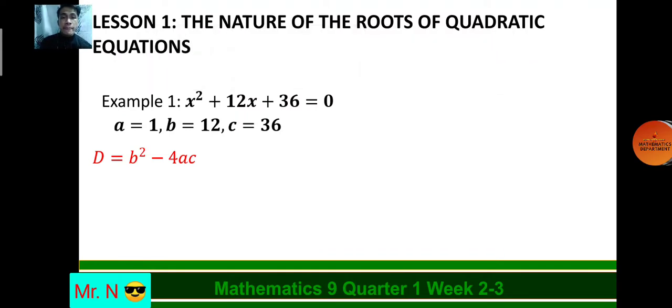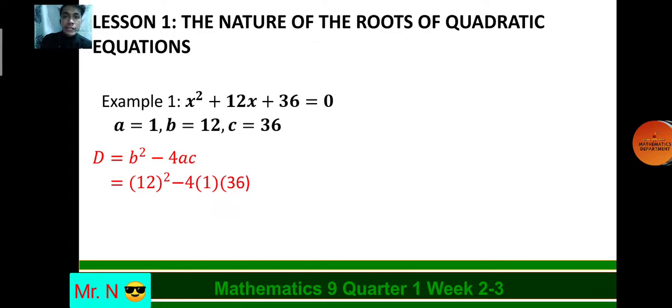Okay? Now let's substitute the variable B by its value, which is 12, A, which is 1, and C, which is 36. So we will have now 12 squared minus 4 times 1 times 36.